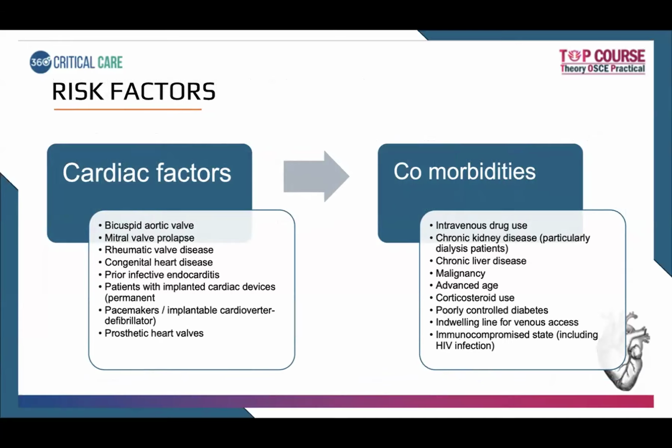Coming on to comorbidity risk factors, if the patient is using intravenous drugs, chronic kidney disease, chronic liver disease, malignancy, which could cause marantic emboli, advanced age, corticosteroid use, poorly controlled diabetes, or any indwelling line, or an immunocompromised status. These are the common risk factors for infective endocarditis in whom we have to suspect.